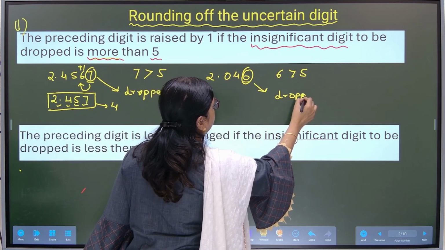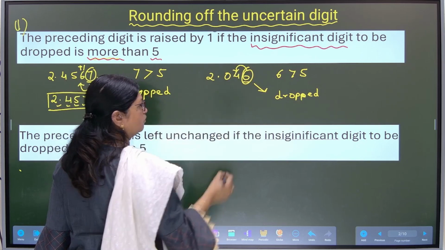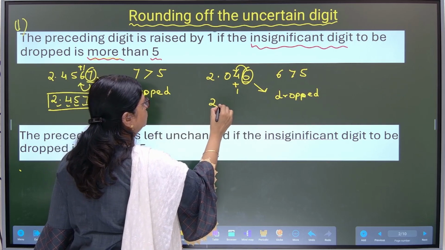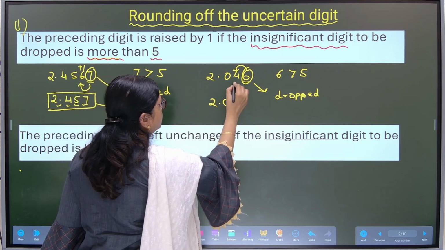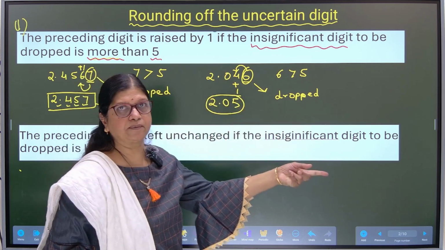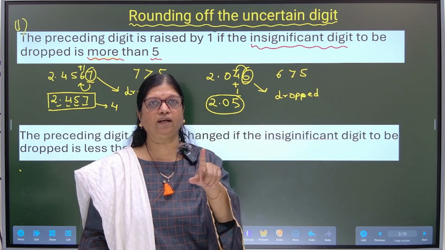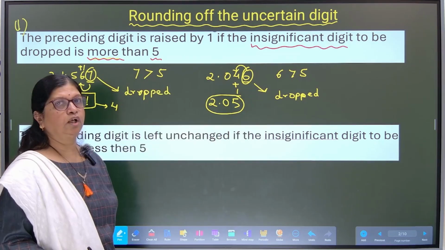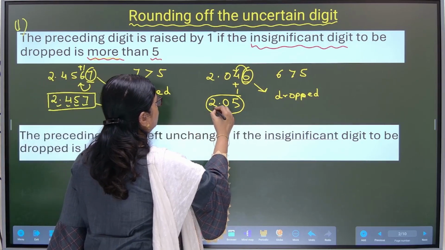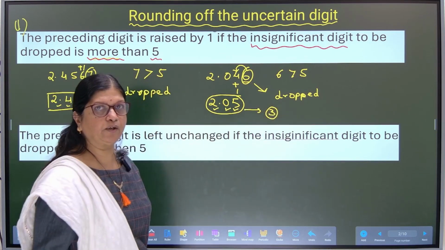And we should move 1 digit ahead, that is this digit 4, and add 1 to this digit 4. So our answer becomes 2.04 plus 1, 5. So 6 is dropped, and to the previous digit 4 we have added 1 and written 5 instead of 4. So our answer becomes 2.05, which has 1, 2 and 3 significant numbers as per the requirement.